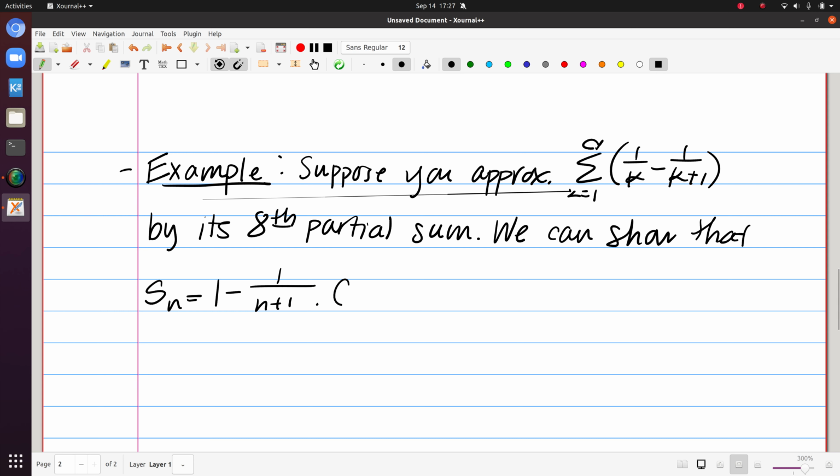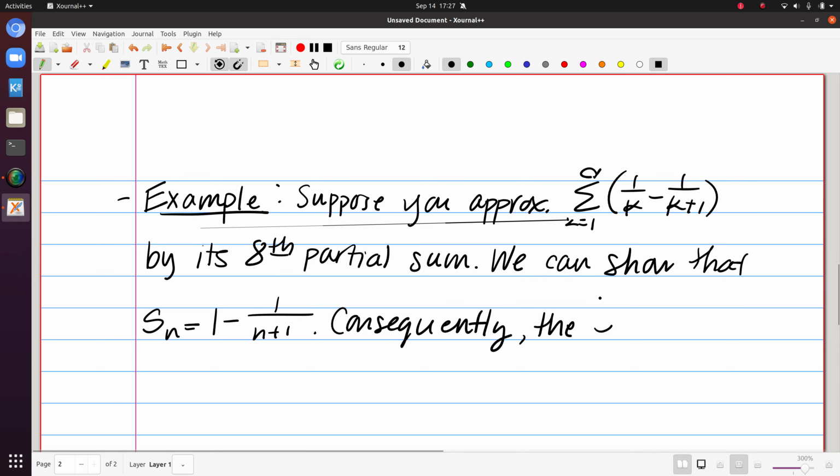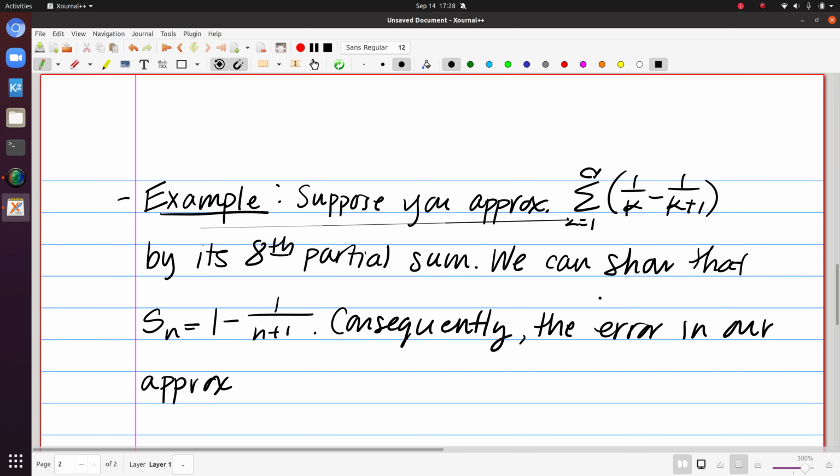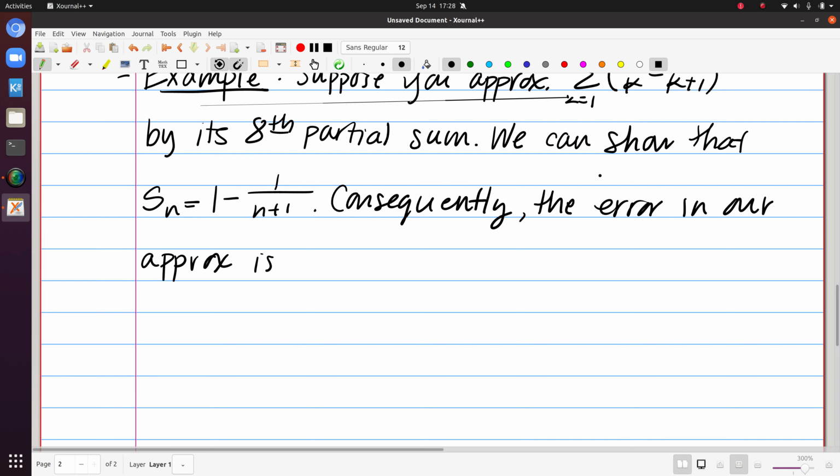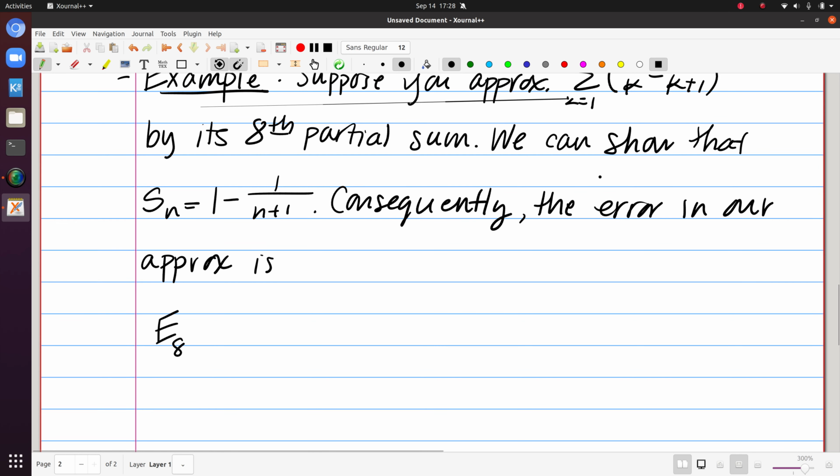Because of this, the error in our approximation, and I'm referring to approximating by its 8th partial sum, is E sub 8 equals the infinite sum minus the 8th partial sum.